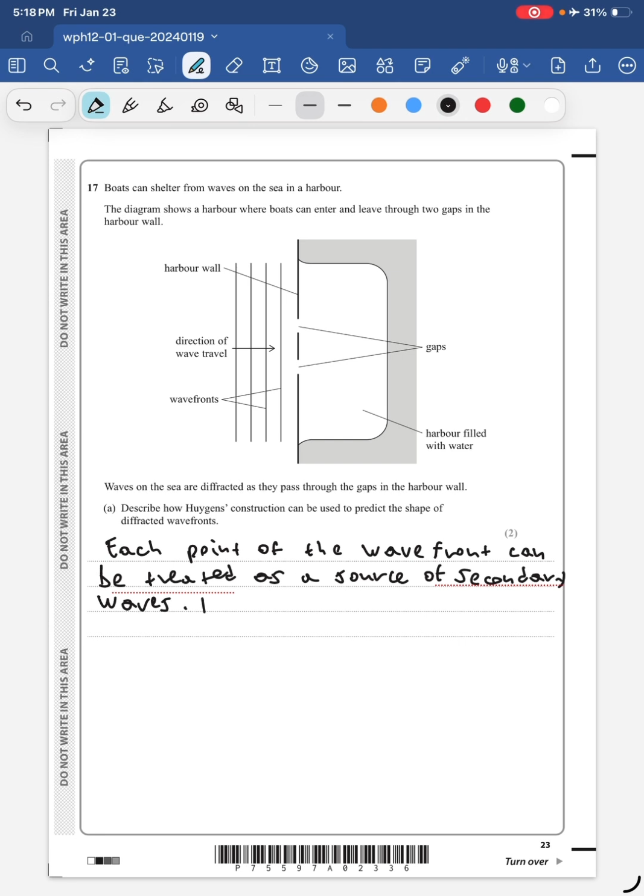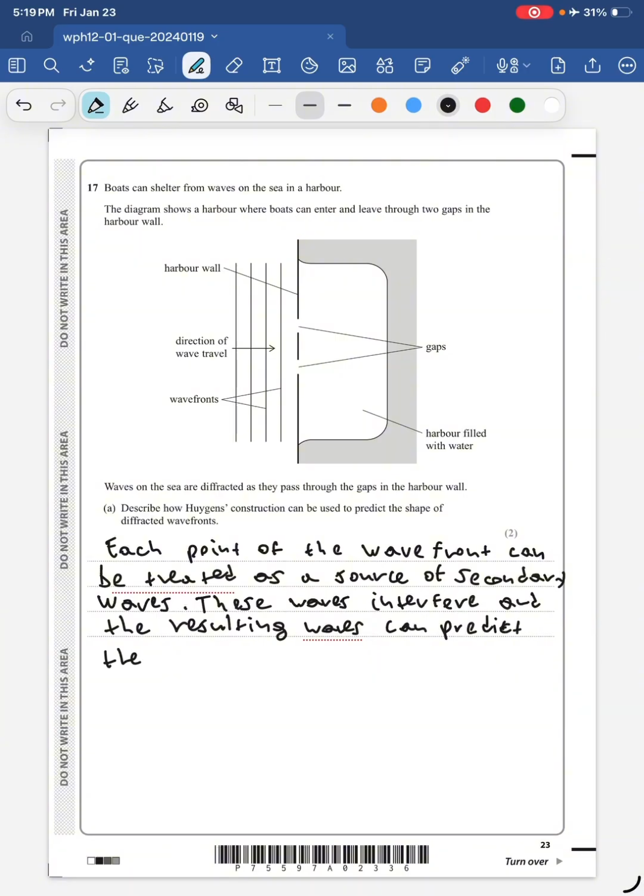These waves interfere and the resulting waves can predict the shape.